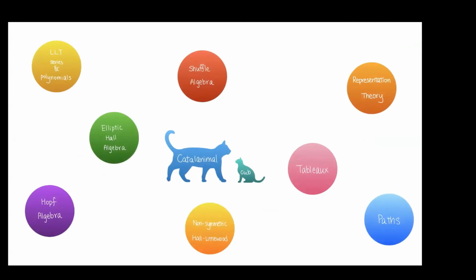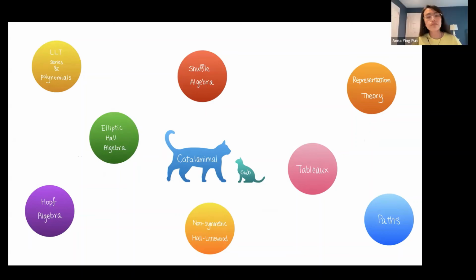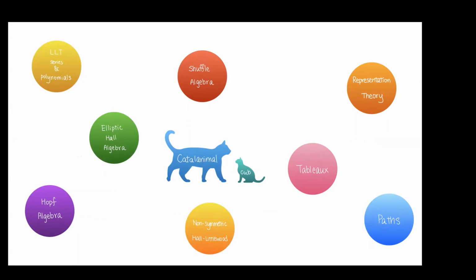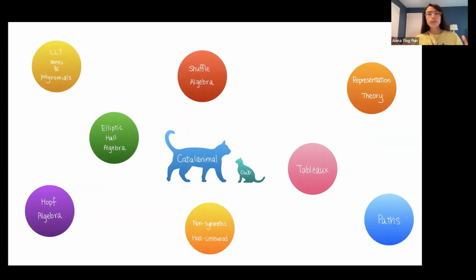When you truncate to get a polynomial from the LLT series, where do you truncate? How do you decide where to truncate? Yeah, so you get this series and then you use the irreducible characters, so you have a series in terms of the irreducible characters, like having blocks, right? But because they are series, you have negative powers, meaning that some of the lambdas in chi lambda have negatives.